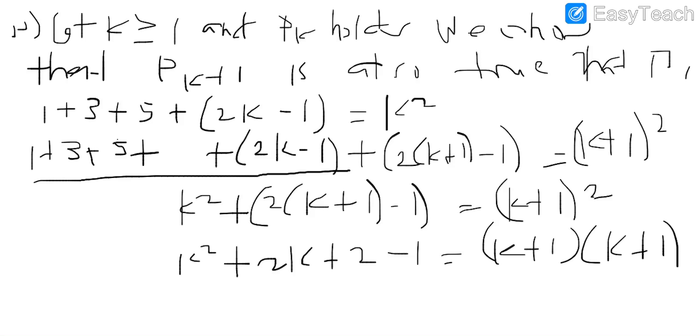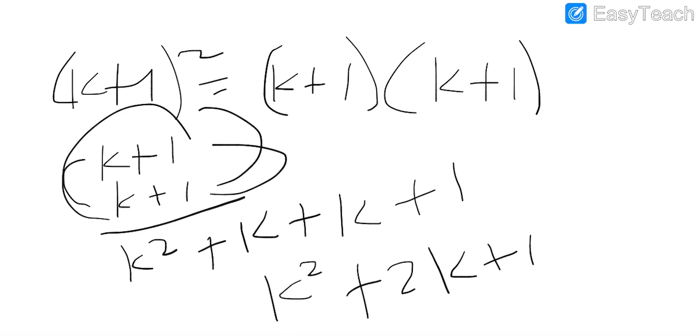Now, on the left side, we combine the like terms. So, k squared plus 2k, and then plus 2 minus 1, that is just equal to 1. Now, on the right side, k plus 1 times k plus 1, the answer is k squared plus 2k plus 1.